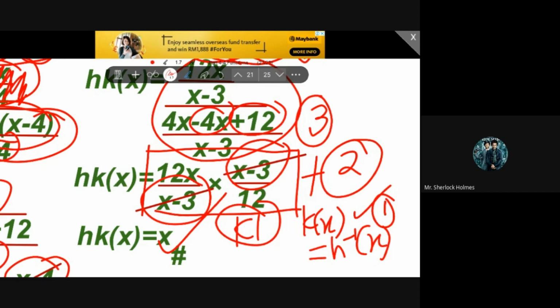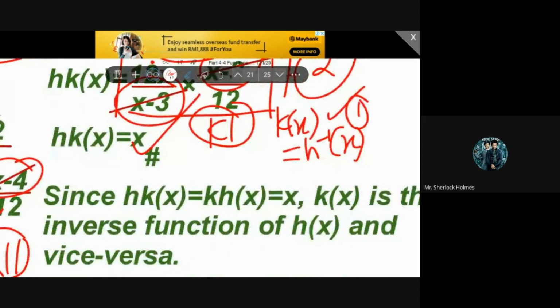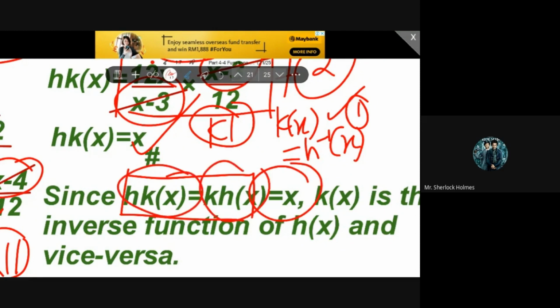Yes, very good, Aife. You got that 1 mark. Very good. So KHX equals to HKX and you can also add on equals to X at the back. Means maksudnya kedua-dua ni akan equal kepada X yang ni. So you'll say KX ialah fungsi songsang bagi HX and vice versa lah dan sebaliknya.